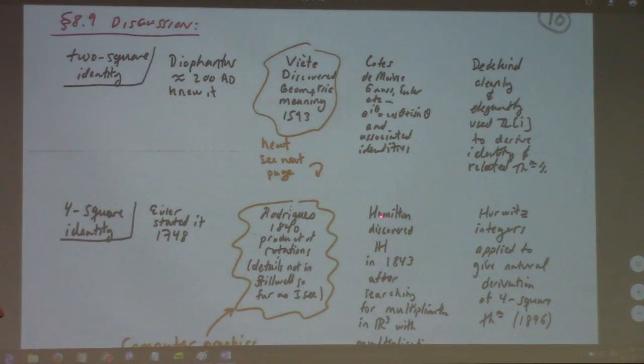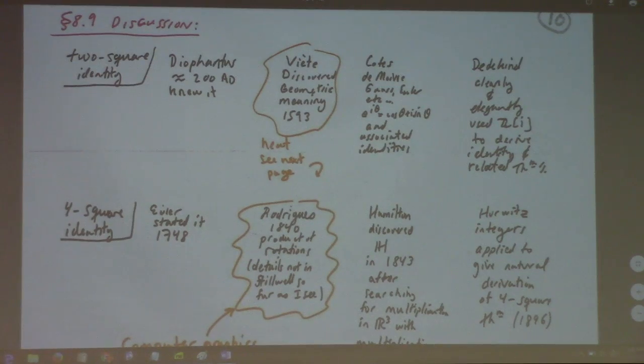Hamilton, 1843, both basically found the quaternions. Hurwitz integers sit inside the quaternions, and we can use those to study the 4 square problem. The Gaussian integers sit inside the complex numbers, and we can use those to study quadratic problems.